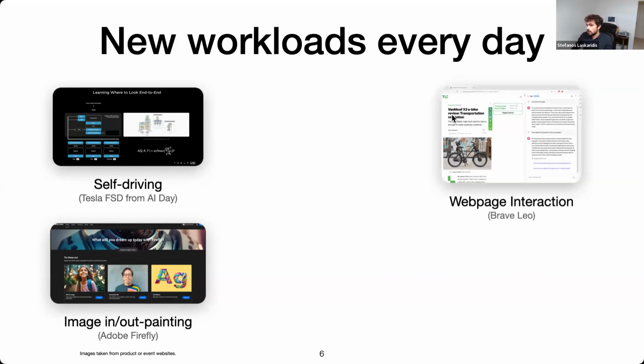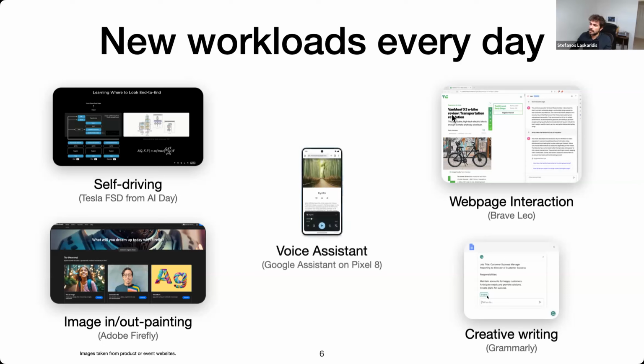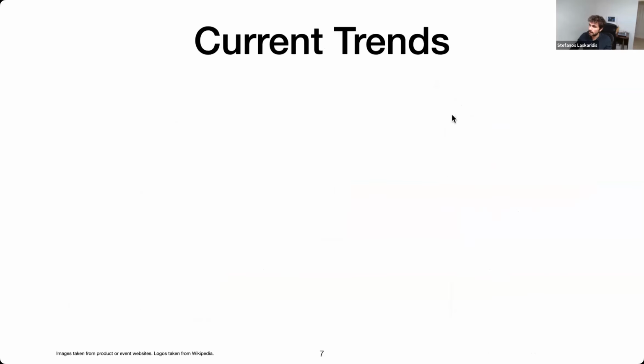We have also at Brave launched our own AI assistant called Leo for interaction with the web page, and you can also see use cases such as creative writing, like Grammarly. Several cases also make their way into mobile too, a prominent example being the Google Voice Assistant being launched on Pixel 8.